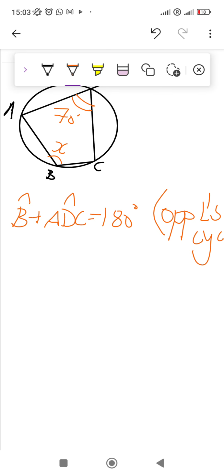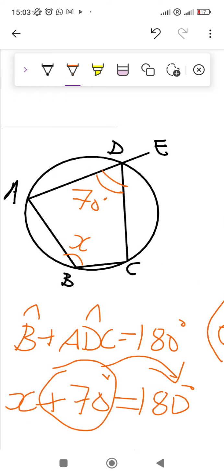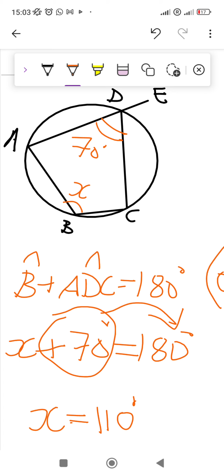So then B, let's call that one X. And then 70 degrees, not plus, is equal to, let's fix that, equals 180 degrees. Then we want to get rid of this, so we subtract 70 on both sides. So X would then equal 110. Great. So we're solving for X, and that's what it would be based on theorem 5, right?